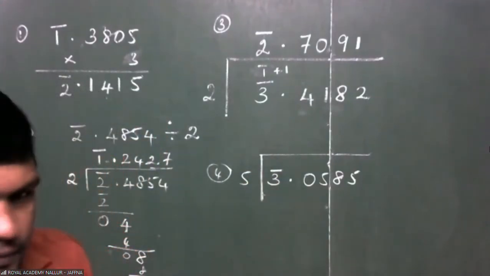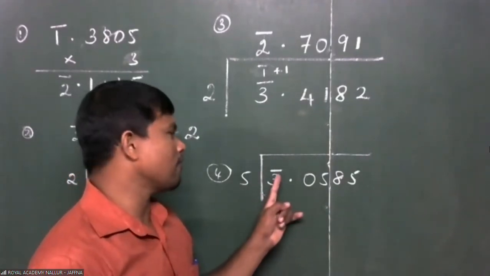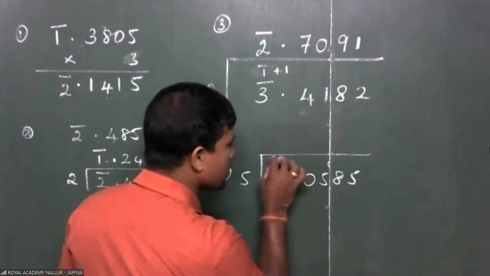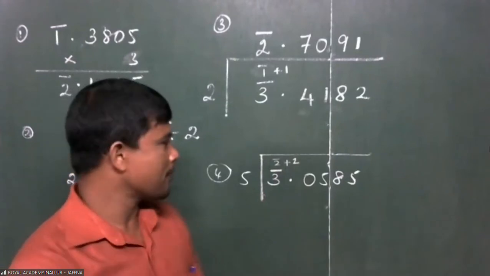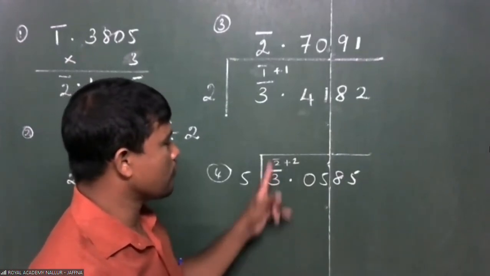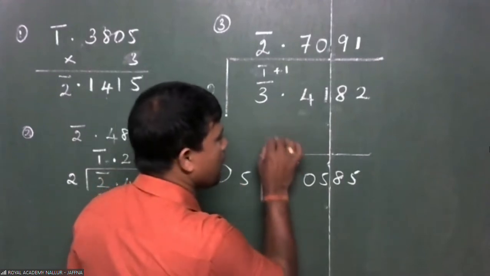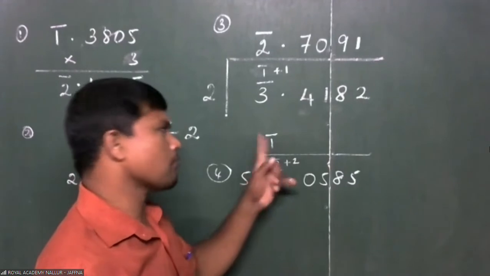Bar 3 is there, it's not a multiple of 5. So we have to give how much? Bar 2. If you give bar 2 here, we are taking plus 2 also. Finally, it cancels. So, bar 3 and bar 2, totally bar 5. Out of bar 5, 5 is bar 1 times.